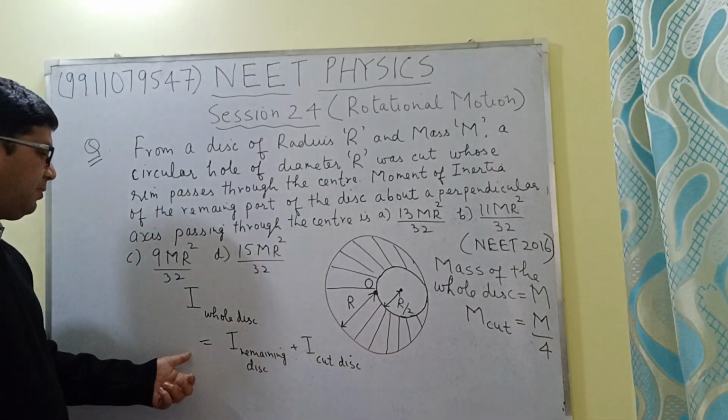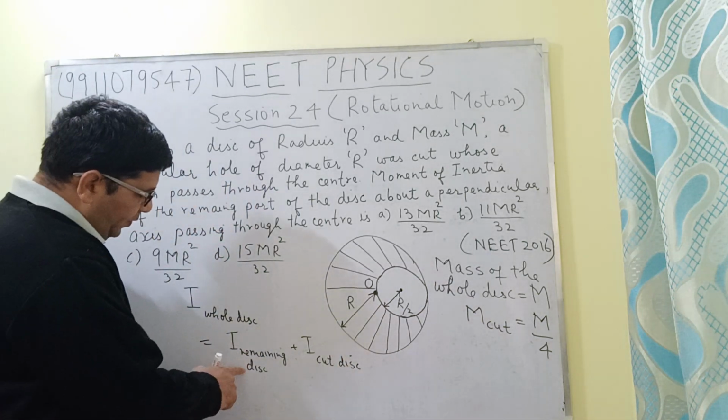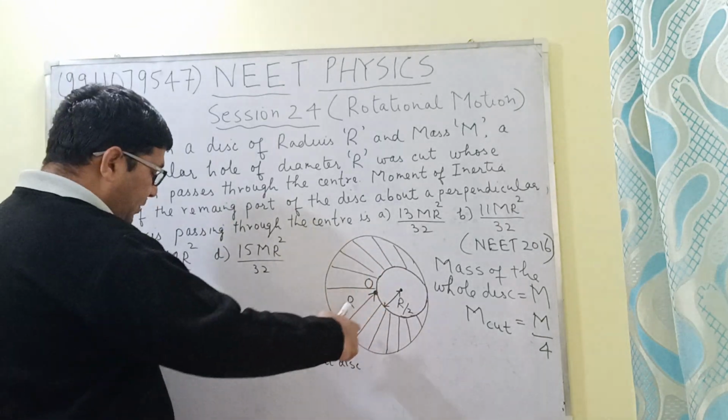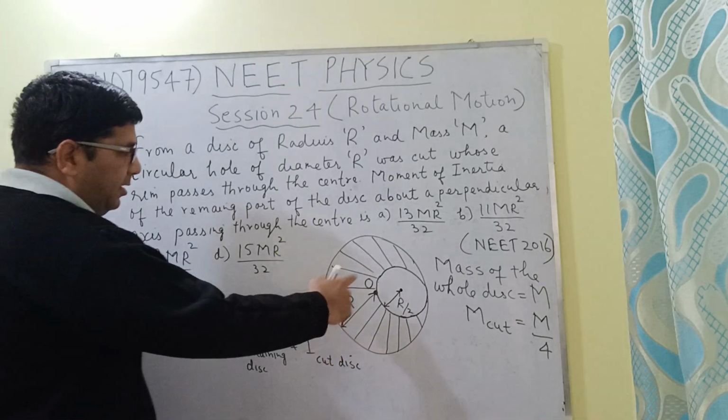So this is the formula which we will be using in order to find the moment of inertia of the remaining disc.